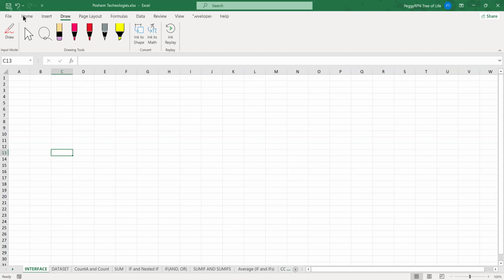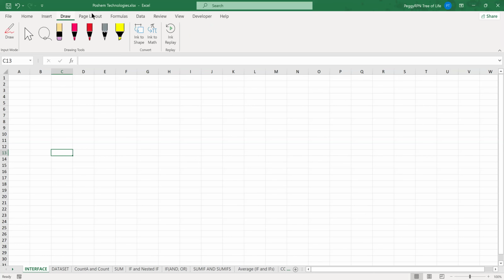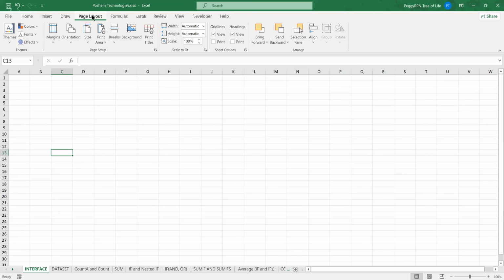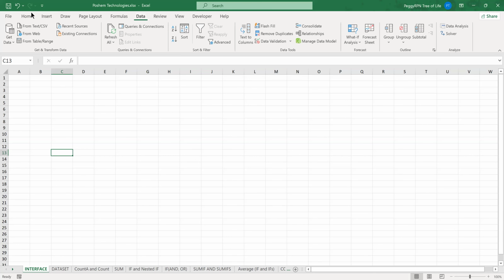These things you see here are the ribbons. The top one is the tab, and these are called tab ribbons, but for short, ribbons. You're going to be working with all of these majorly. Then you have insert, draw, page layout where you edit your page, formulas, and the rest. Then data, which we'll also be looking into.